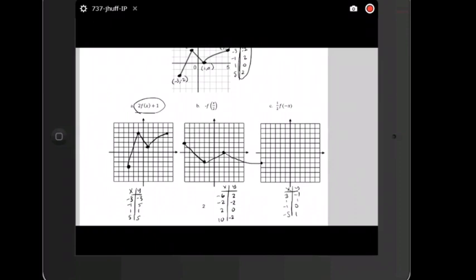We have 3 comma negative 1, 1 comma 1, negative 1 comma 0, and negative 5, or sorry, comma positive 1, like that. So describing what's happened here, it's a horizontal reflection combined with a vertical compression.